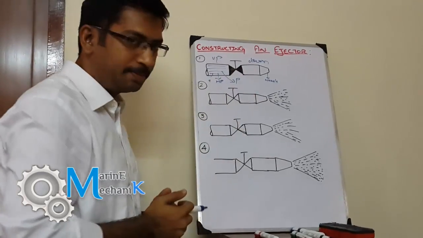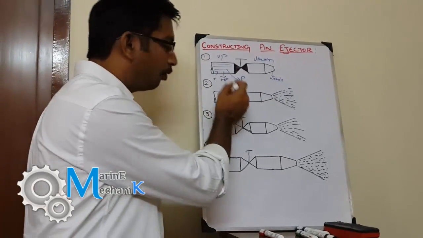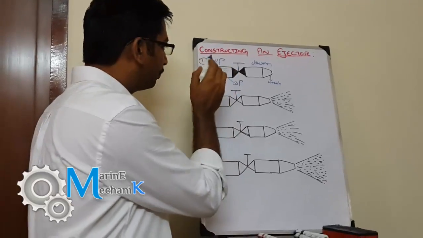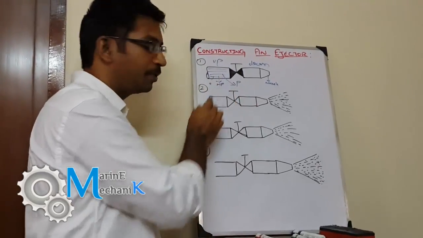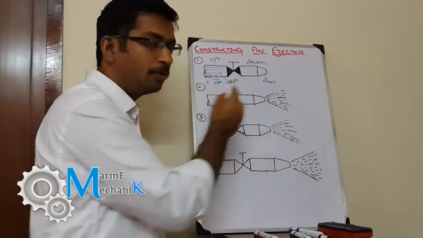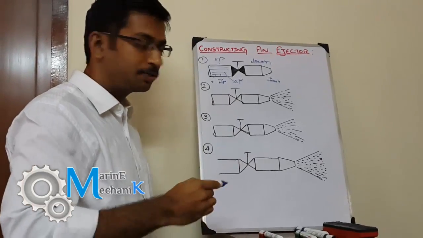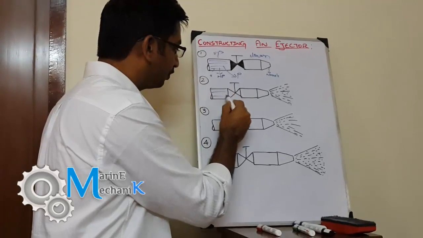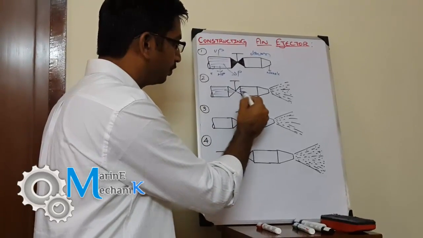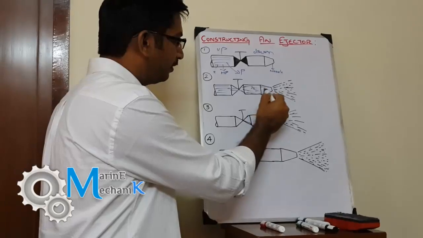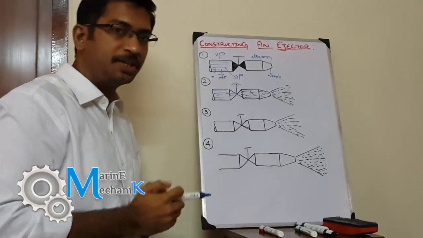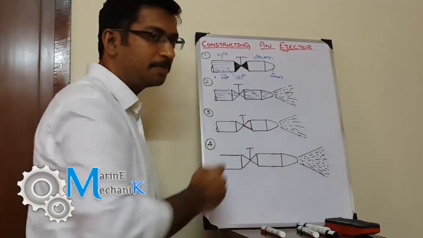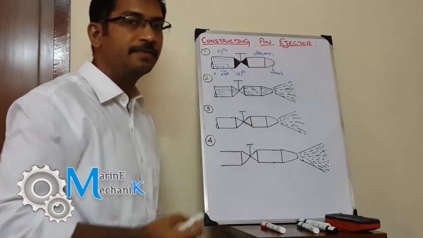Now on the second step, I'm going to open this valve. So the fluid which is under high pressure is going to flow to the low pressure region, so there's going to be a drop in pressure. The fluid passes through this valve, and then due to the converging nozzle, there is a drop in pressure and increase in velocity.